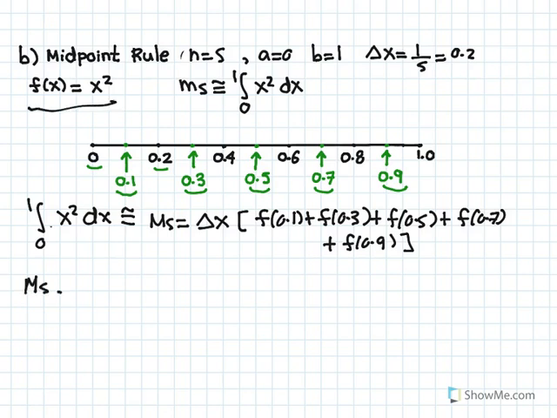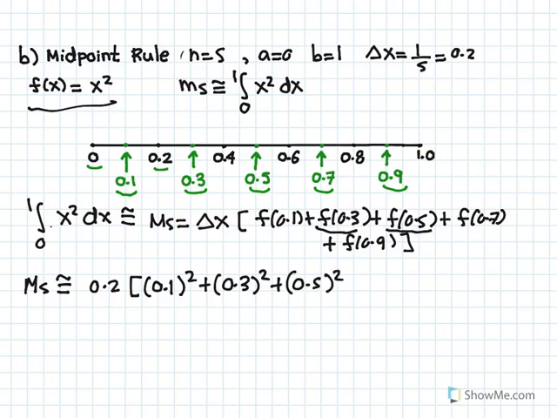M5, midpoint rule approximation, 5 intervals. 0.2, that's delta x. F of 0.1 is 0.1 squared, because f of x is x squared. F of 0.3 will be 0.3 squared. And f of 0.5 is going to be 0.5 squared. Plus f of 0.7 is 0.7 squared. F of 0.9 lastly will be 0.9 squared. If we put this into a calculator, we get M5 is 0.33.